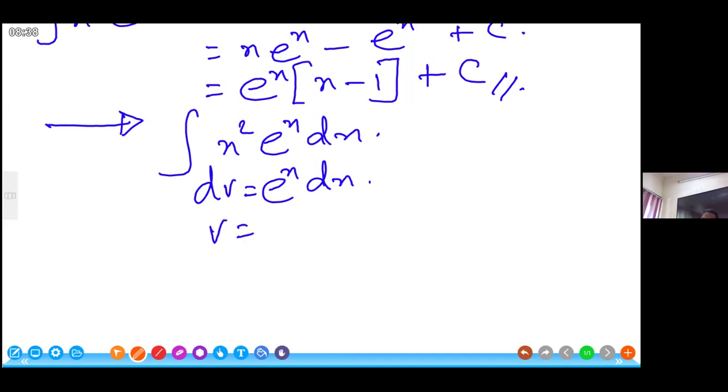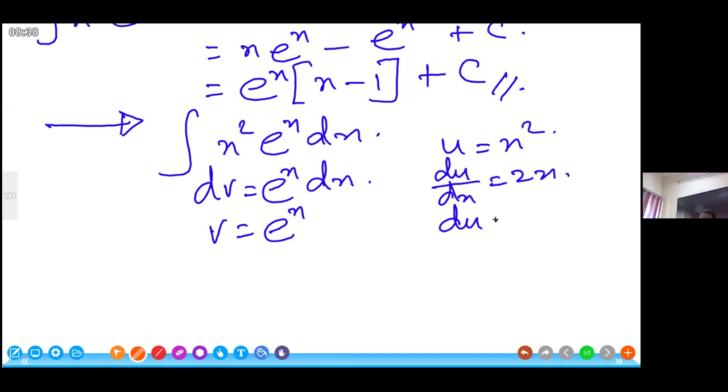So v could be e to the power x. Similarly, u is x squared. So du by dx would be 2x. So du can be written as 2x into dx. So we need that du.